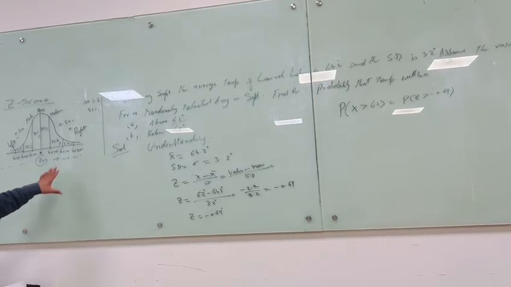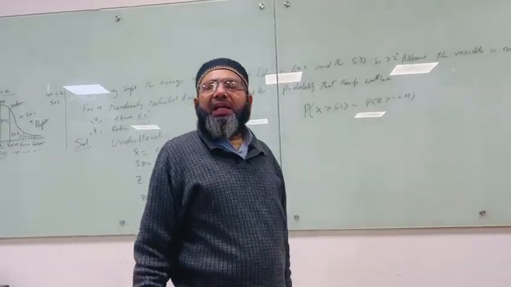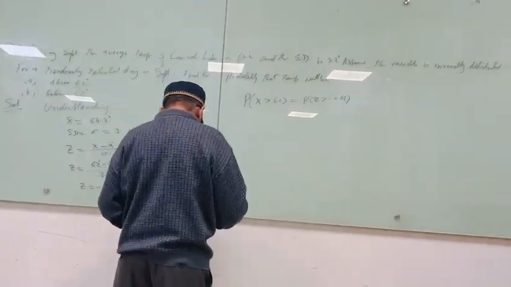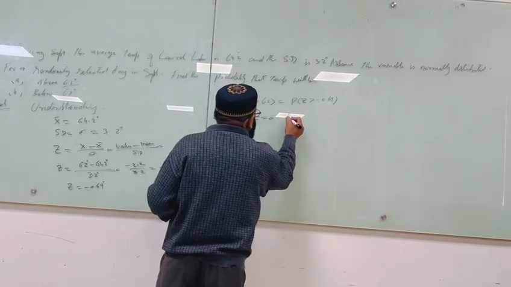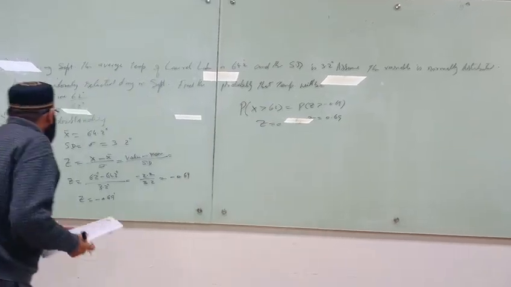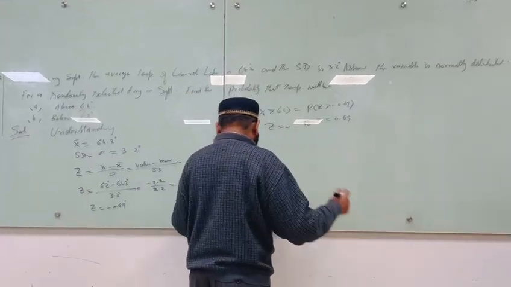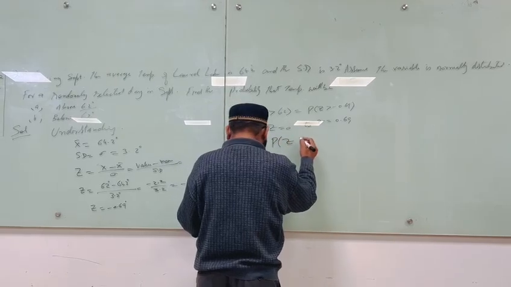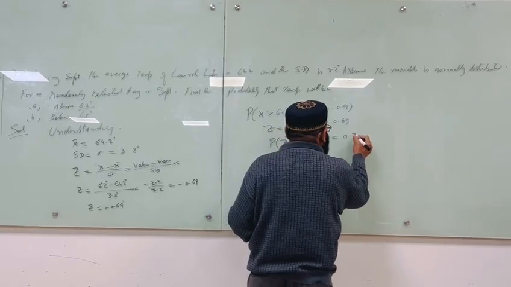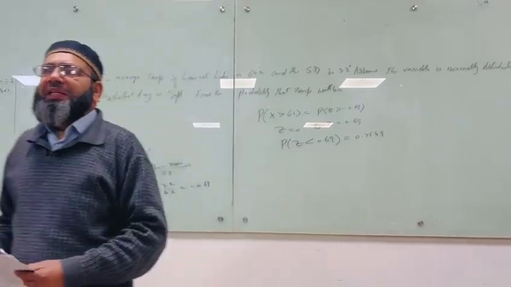Because area is never negative, we use the absolute value, 0.69. We need the area between Z0 and Z. The probability for Z-score 0.69 is 0.7549 from the Z-score table.